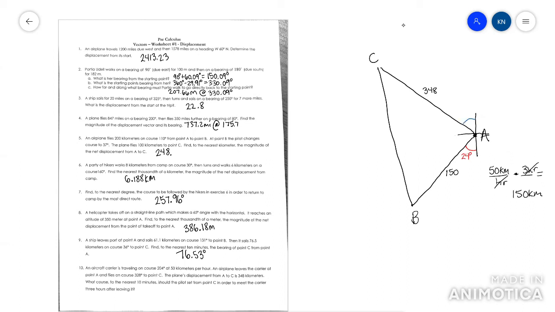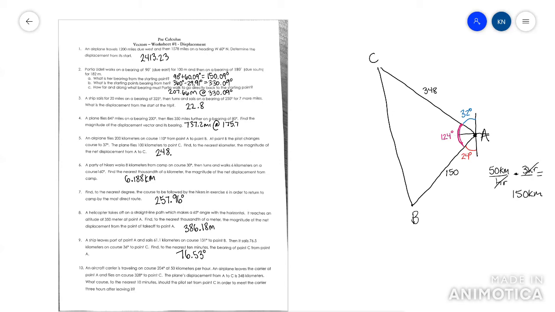So blue is 32 degrees. Now that you know those two, you can get this angle, because this whole thing is 180 degrees, right? So you're going to do 180 minus 32 minus 24, which is 124 degrees. I know that was complicated. All right, so I know pink angle, 124.